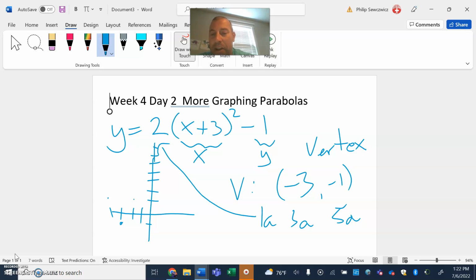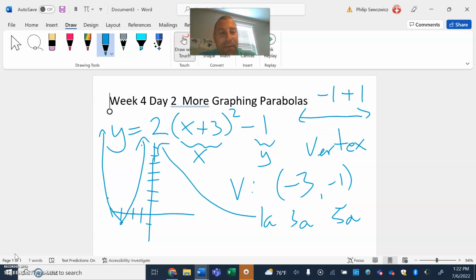What you're going to end up noticing here is that it makes it very steep. And that's because this number is outside the range of negative 1 through a positive 1. So if we think about a number line here, here's negative 1, here's 1.